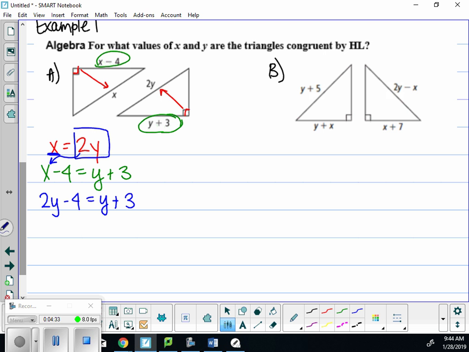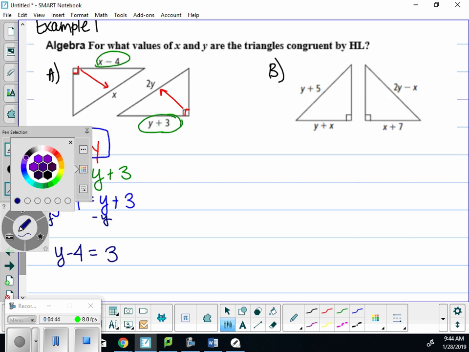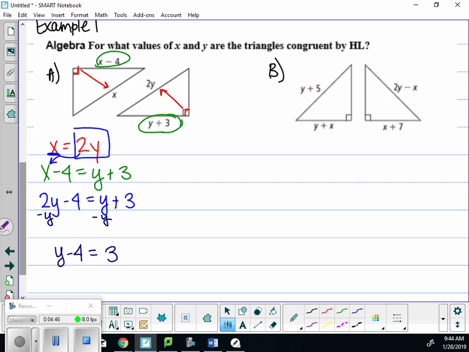So I want to get all the y's on one side. So I would subtract y from each side. And then I would add 4. So y would equal 1. So we have our value for y.